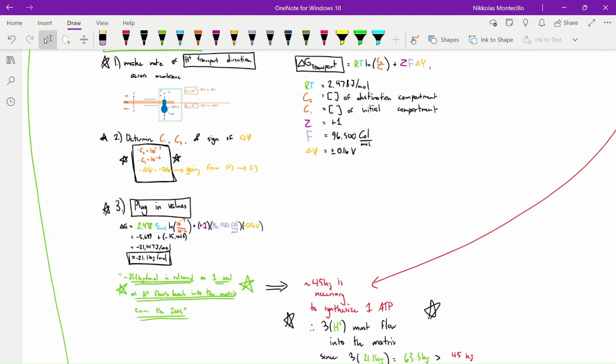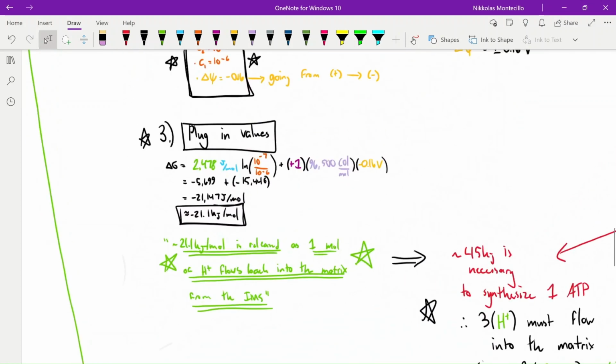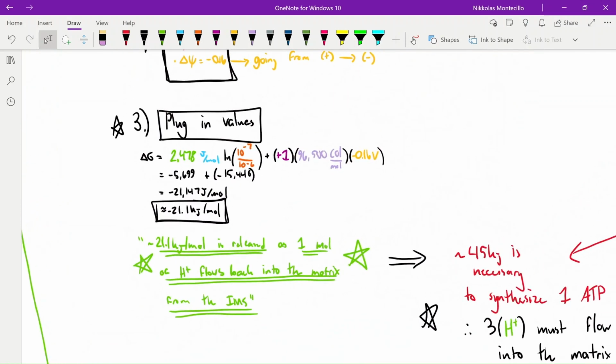Approximately 45 kilojoules per mole of ATP. Now, we see here that 21.1 kilojoules per mole is released as 1 mole of hydrogen protons flows back into the matrix from the IMS.